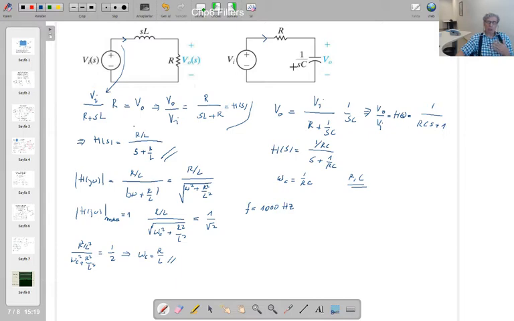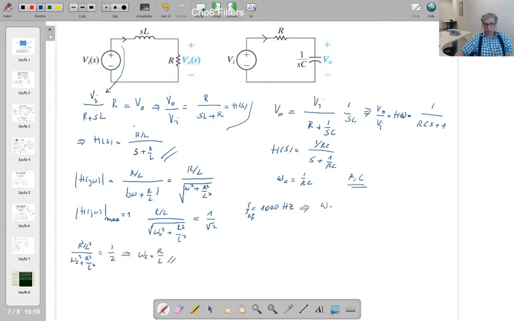I also know which output I am going to choose, that's the capacitor output, and I know the topology. What I don't know are the element values. Since the cutoff frequency is given to me, I am going to do this now.